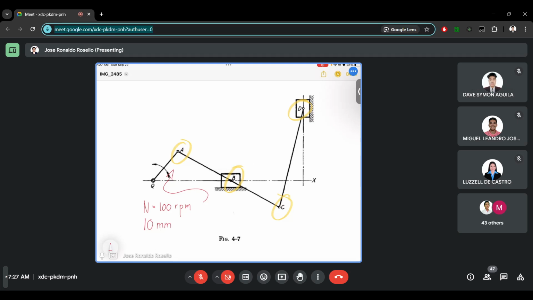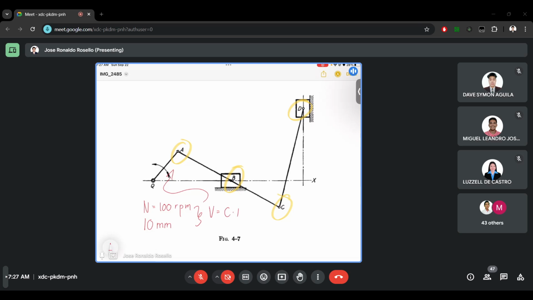Then we have to convert this angular speed into linear speed by solving for the circumference times the angular speed. This 10 mm can serve as a radius because it forms a circle when traveling.